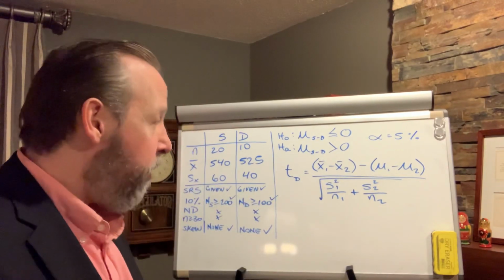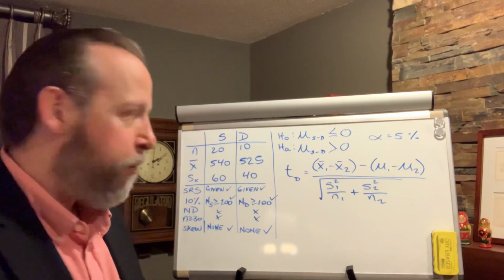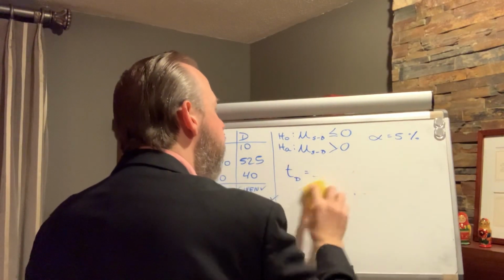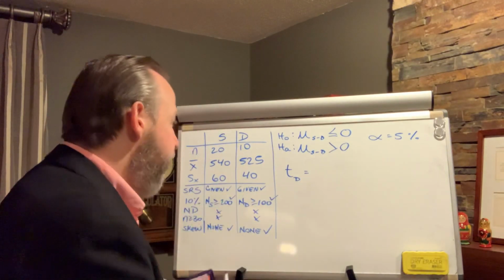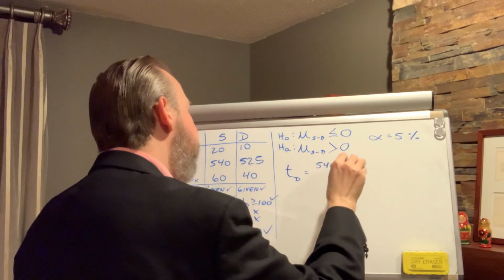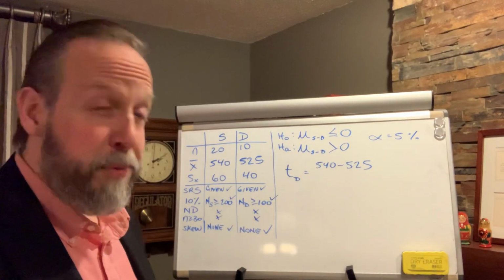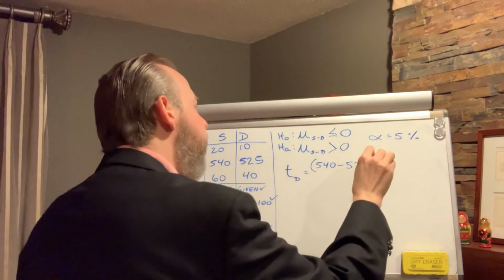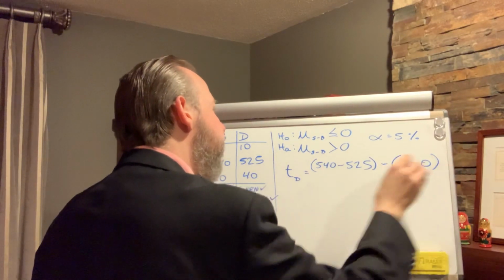Now, I'm going to erase it and put the numbers that will fill in for this particular prompt. So, in this prompt, x bar sub 1 is 540, x bar sub 2 is 525. Don't let me screw you up. The mu sub 1, mu sub 2 is just going to be 0, so I'm looking for a 0 difference.